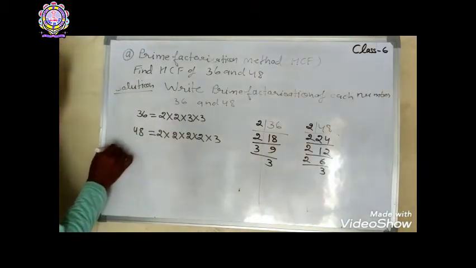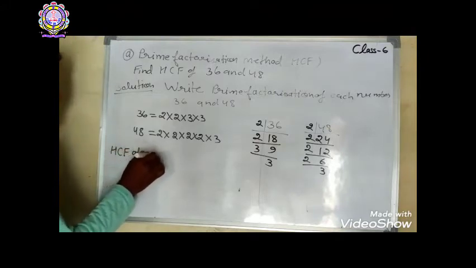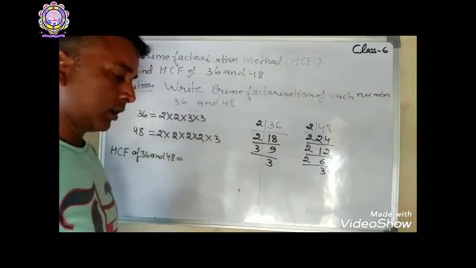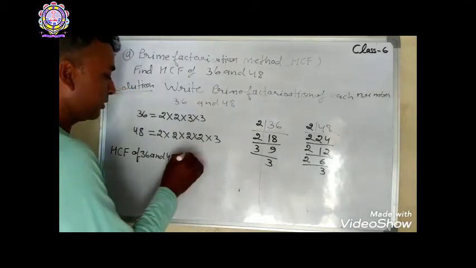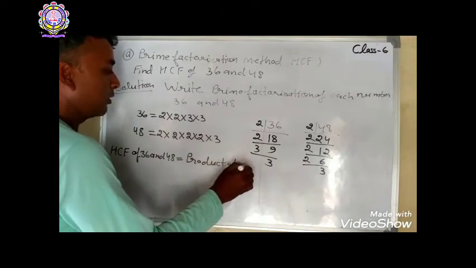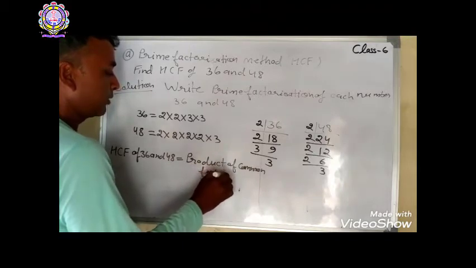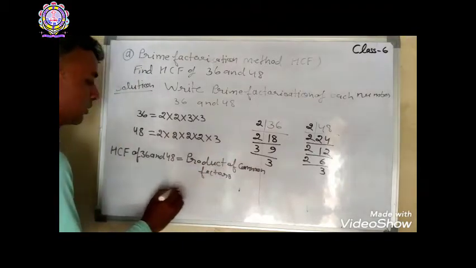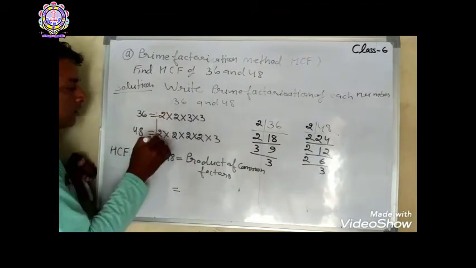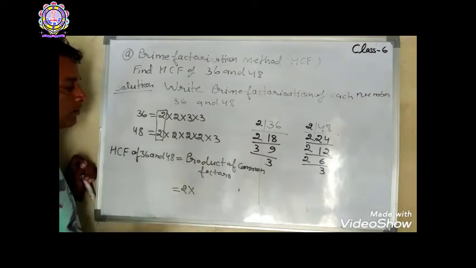Then HCF of 36 and 48 is equal to what? Product of common factors. What are the common factors? You observe here, 2 is common in both, so we write 2 and the multiplication product.